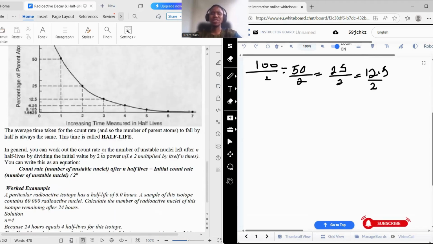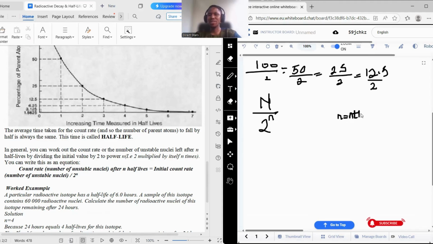So from there, we can say in general that this is the initial count rate, and let's use N to represent that. Divided by 2. We always divide by 2, and the answer will also be divided by 2. So we can use 2 raised to the power of n, and this small n will be the nth term.